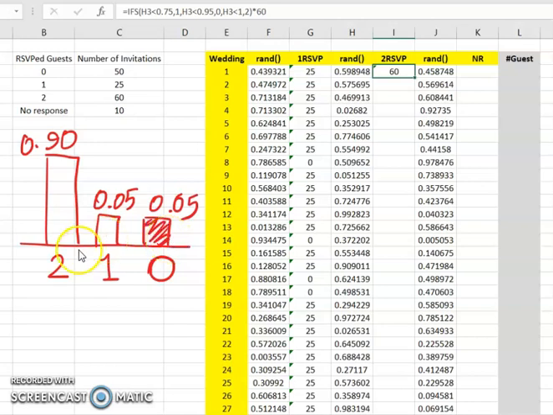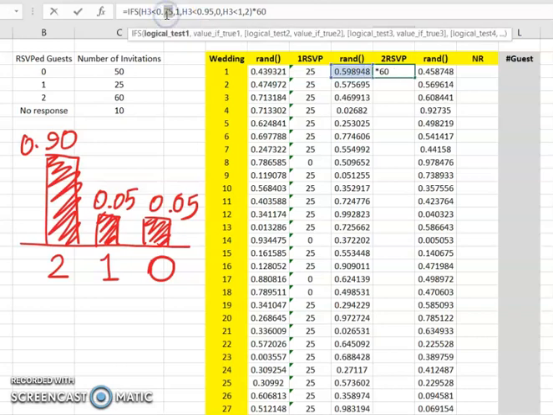So now we have these probabilities, and now we are going to generate the random number. We updated the 60, that's correct, and H3, the random number that is generated here, but here we are assigning the ranges, so it would be 90, and when it is 90, the number of guests would be 2.